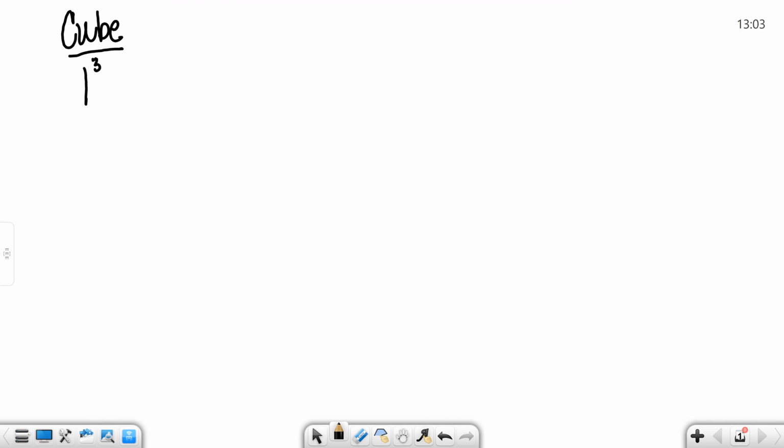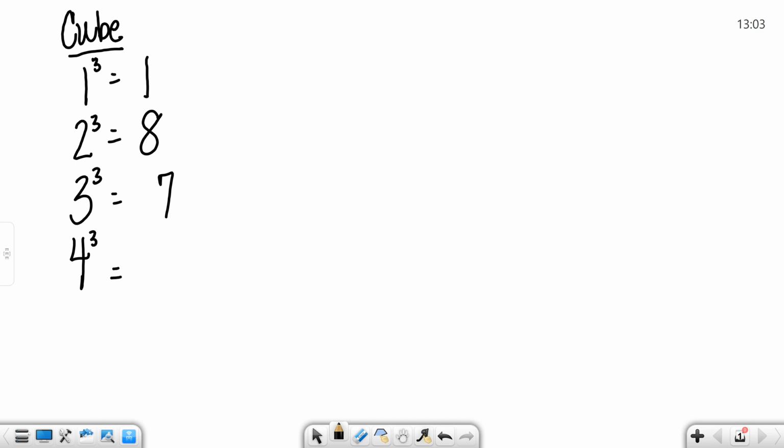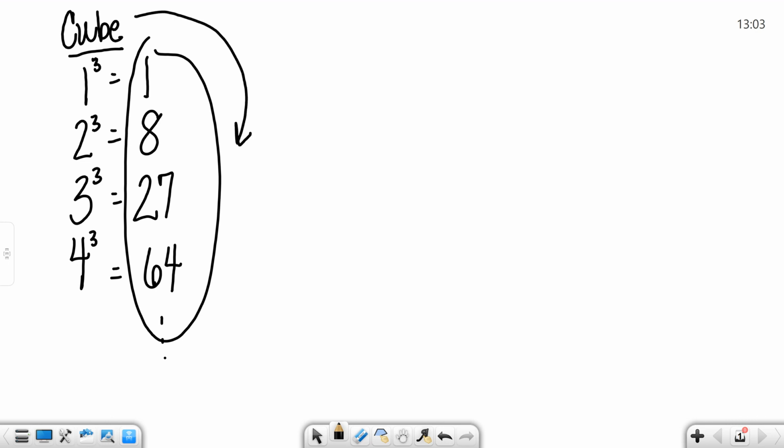A cube would be like 1 cubed is 1, 2 cubed is 2 times 2 times 2, which is 8, 3 cubed is 3 times 3 times 3, which is 27, 4 cubed is 4 times 4 times 4, which is 64. And that goes on and on and on. All of these over here are considered cubes: 1, 8, 27, 64.